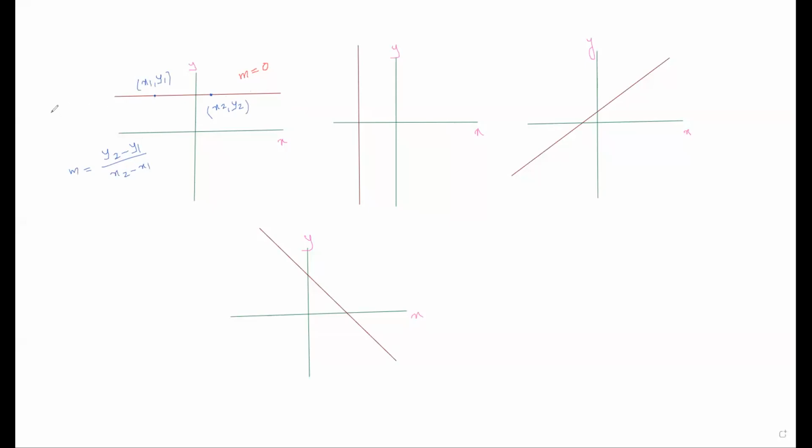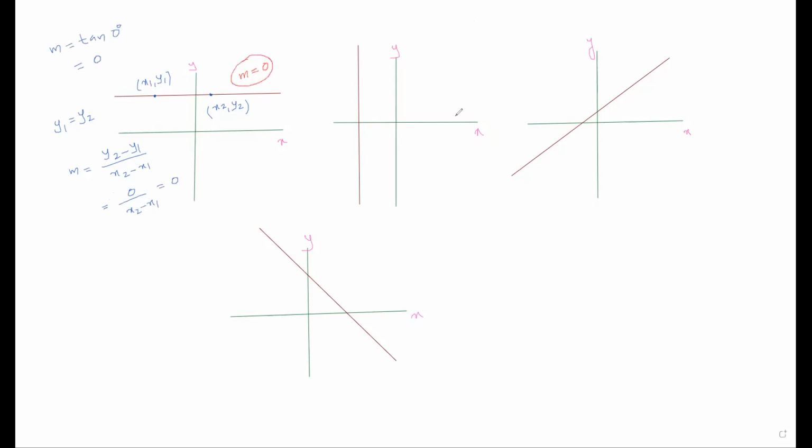But here y1 and y2 are equal, since the line is horizontal, the y coordinate is the same. So you get 0 divided by x2 minus x1, which is 0. Also, as I told you yesterday, the angle it makes with the x-axis is 0 degrees, and tan 0 is 0. So you should understand that the slope of a horizontal line is always 0.